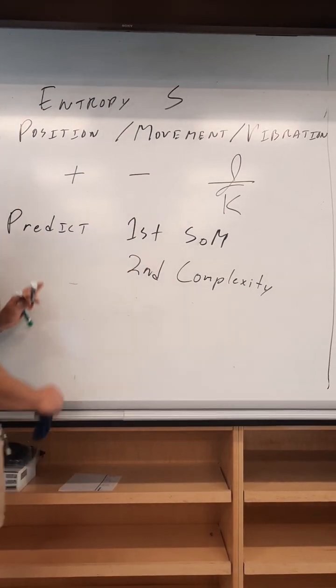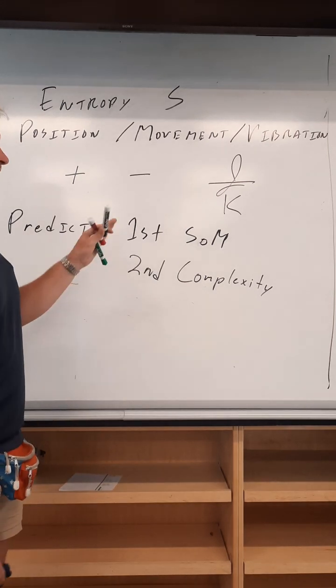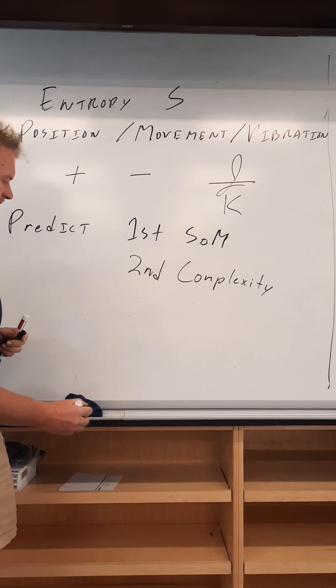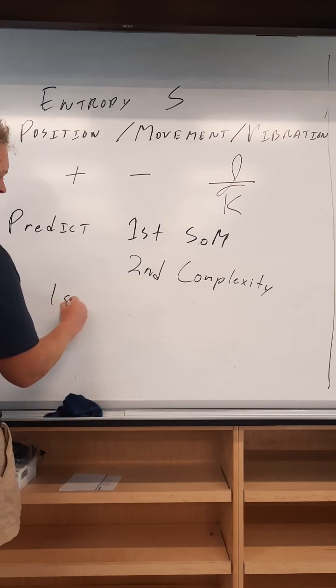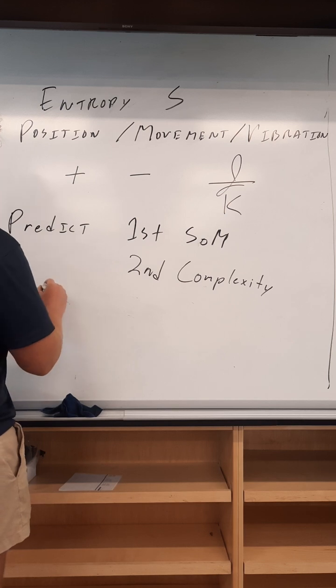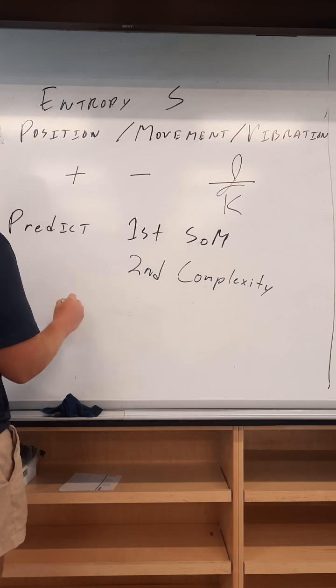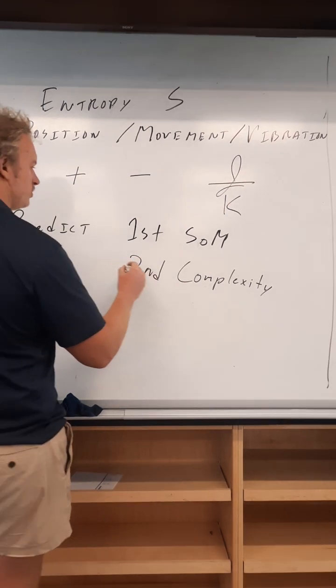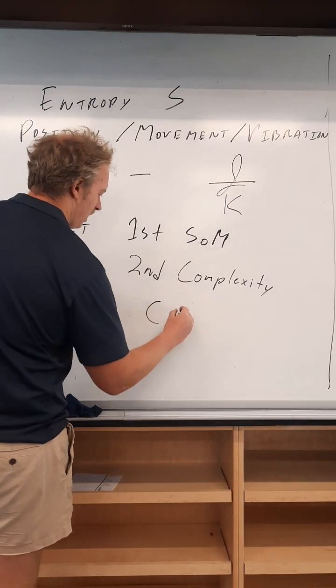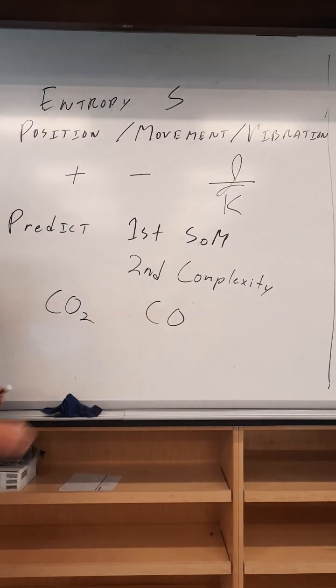So when we are trying to predict changes in entropy, the first thing we look at is states of matter. Now let me go to complexity. When predicting changes in entropy based on complexity, we look at these two molecules here.